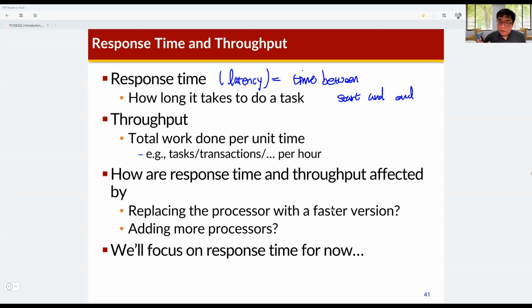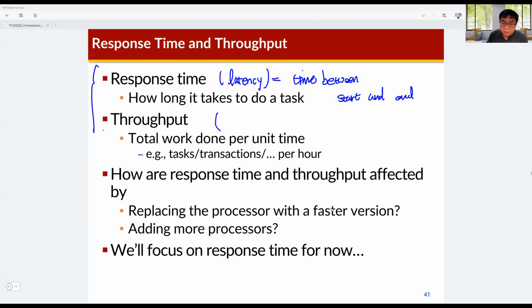That is the definition of a response time. And another performance metric is the throughput. The definition of the throughput is the total work done per unit time. So those are the two different performance metrics in computer systems.